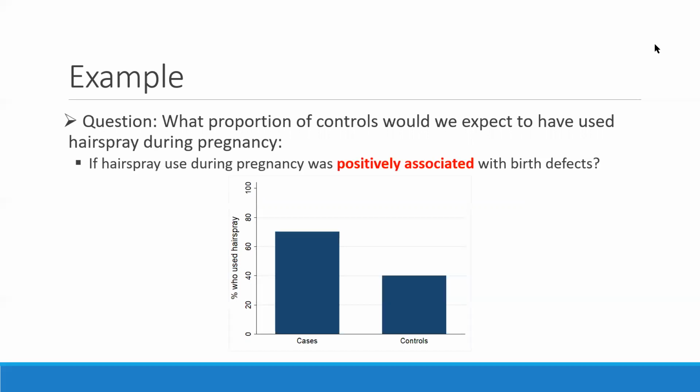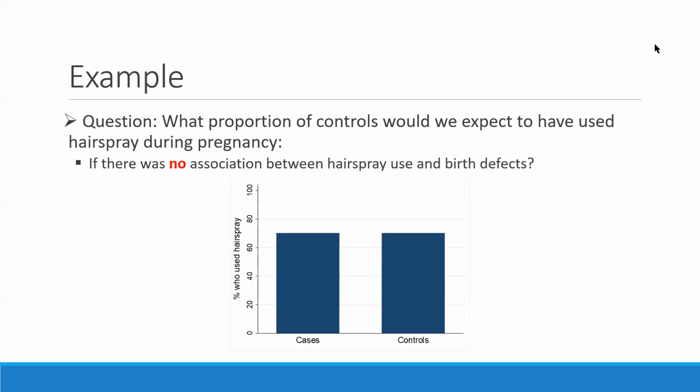There's no association, right? So if you did the ratios, in the cases you would have 70 over 30, and in the controls, you would have 70 over 30, and then you do the ratio of the two, and it's 1. You divide one number by the same number.